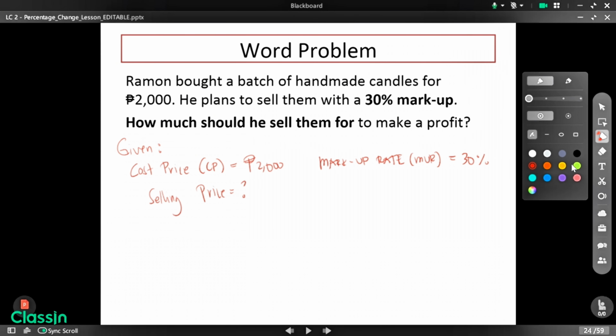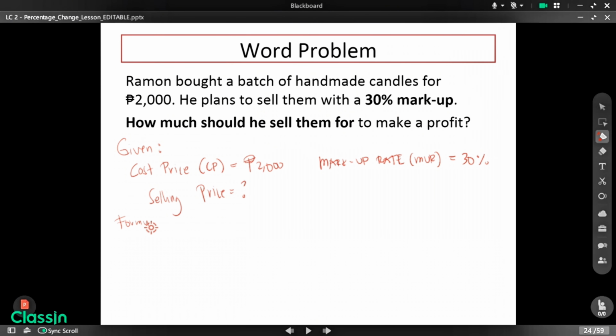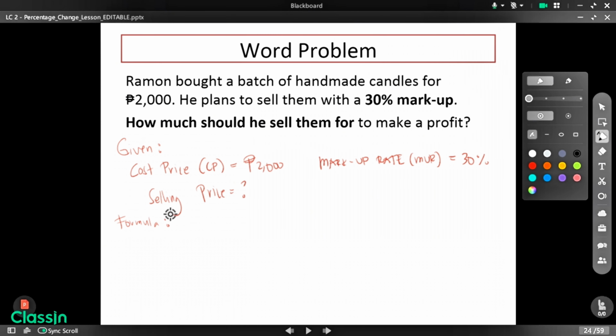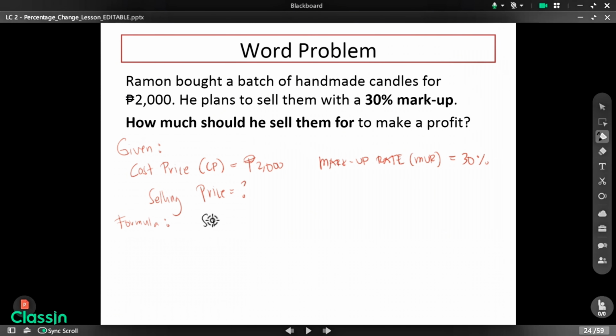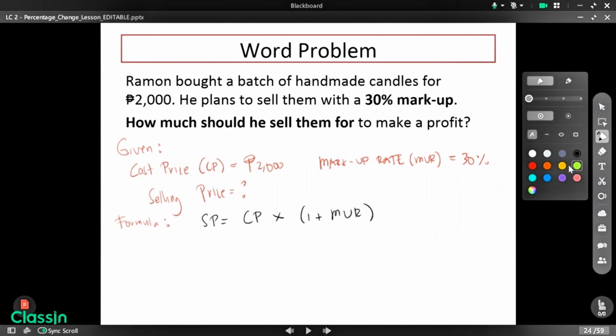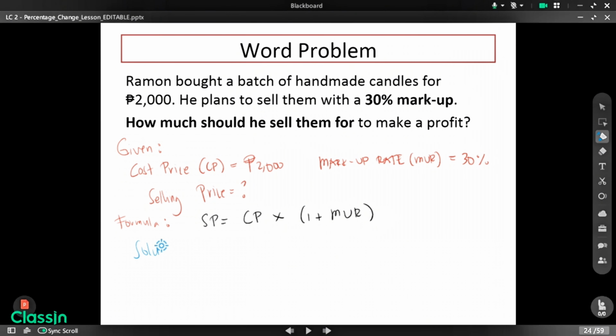Alright, so in this problem, we are going to use the formula in getting the selling price, which is SP is equal to the cost price times 1 plus the markup rate. Let's calculate it. So this is our solution.